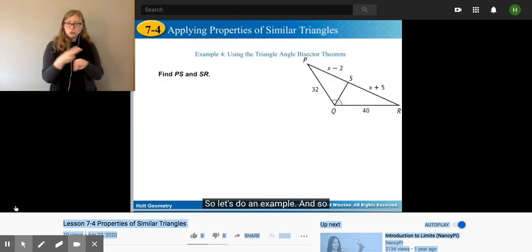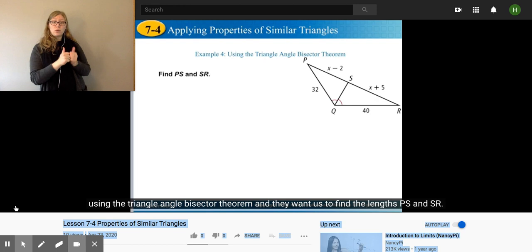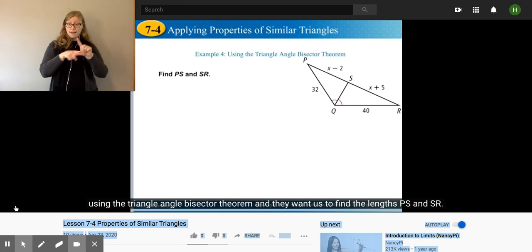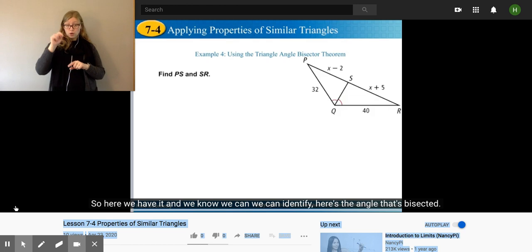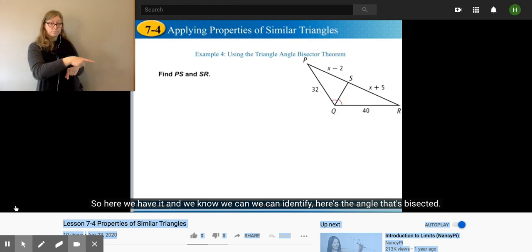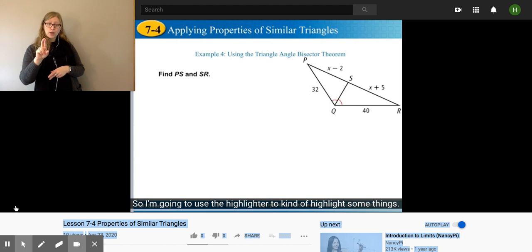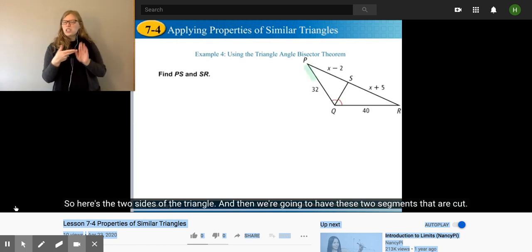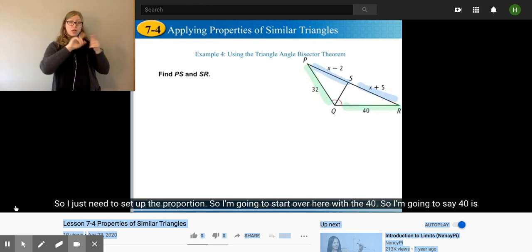So let's do an example. Using the triangle angle bisector theorem, they want us to find the lengths PS and SR. Here we can identify the angle that's bisected. I'm going to use the highlighter to highlight some things. Here are the two sides of the triangle, and then these two segments that are cut. So I just need to set up the proportions.